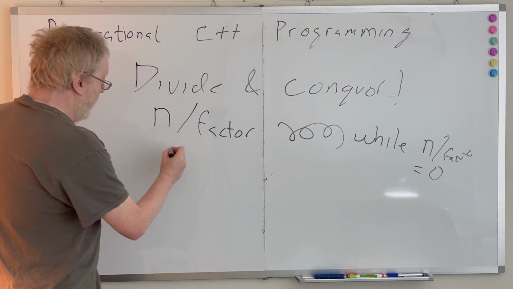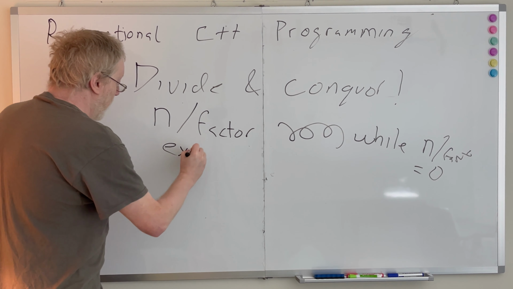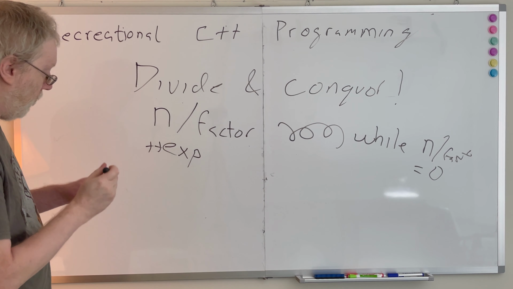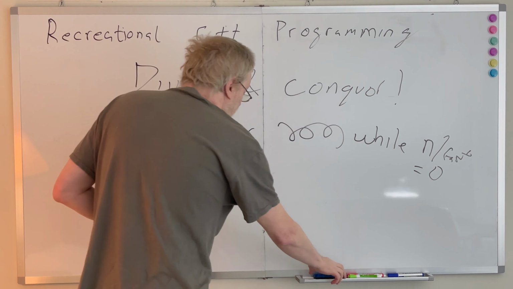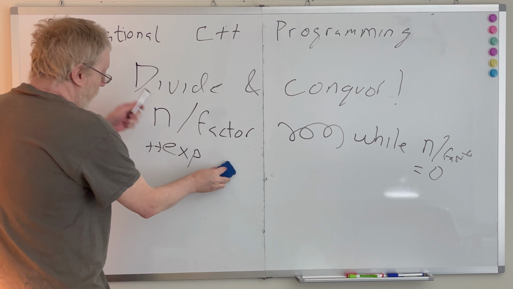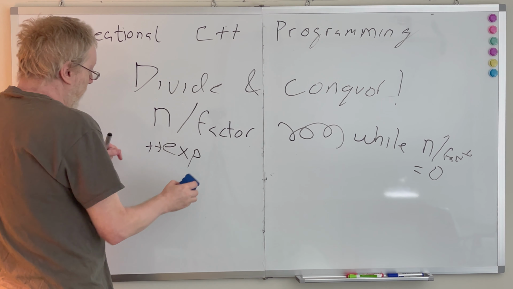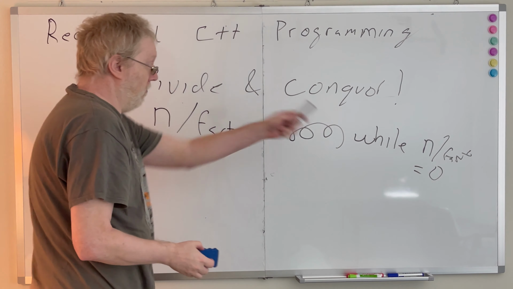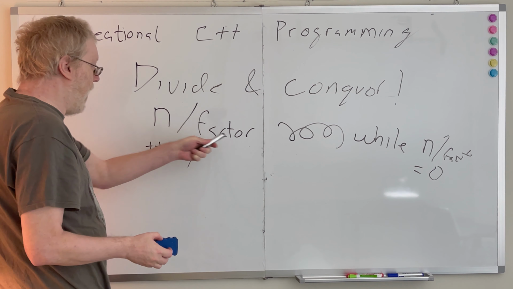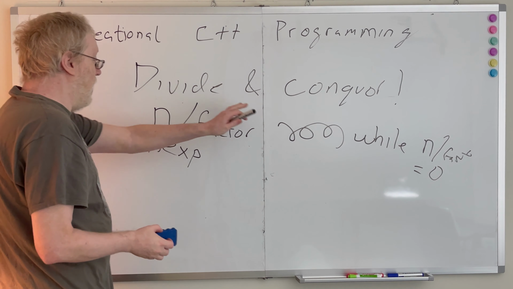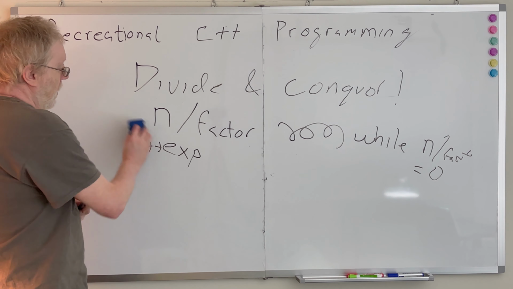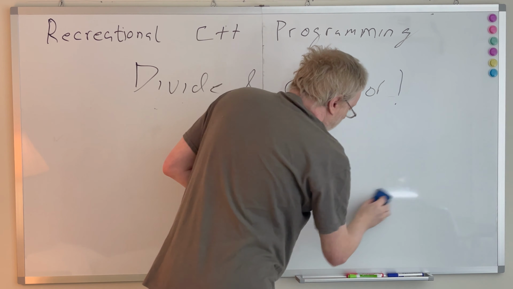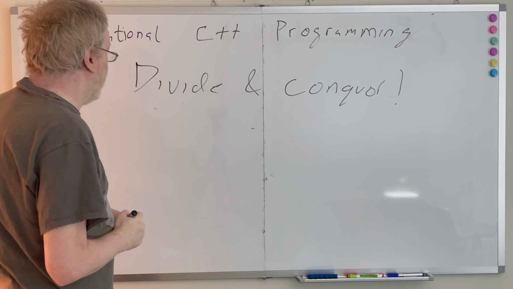And I keep incrementing a number I call exponent each time through. By the way, I'm degrading n each time. I'm literally taking n divided by factor and assigning that back to n. So that basically reduces n to a smaller number.